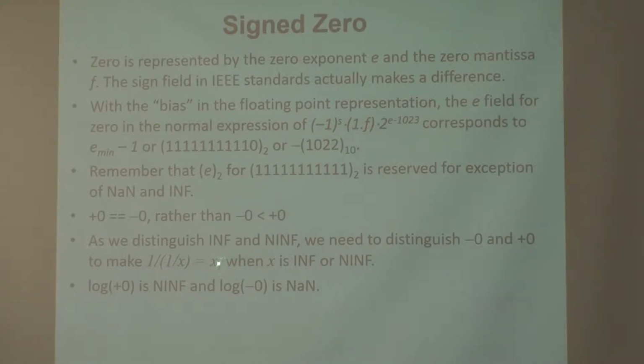Because this can be negative infinite, this is infinite. So if you distinguish infinite and negative infinite, then it is good that you distinguish the positive 0 and negative 0. But when they are directly compared, they're actually equal. We just reserve different signs for their representation.